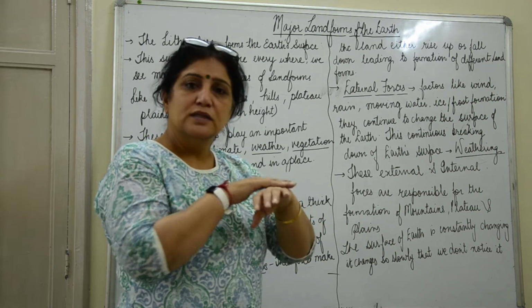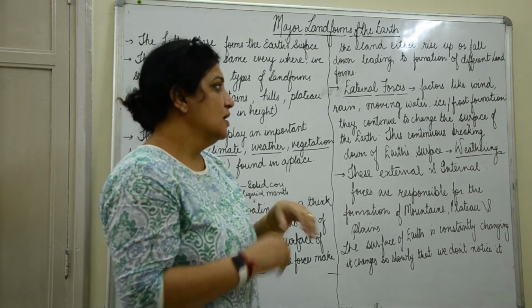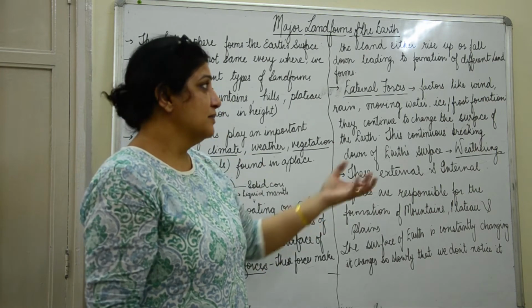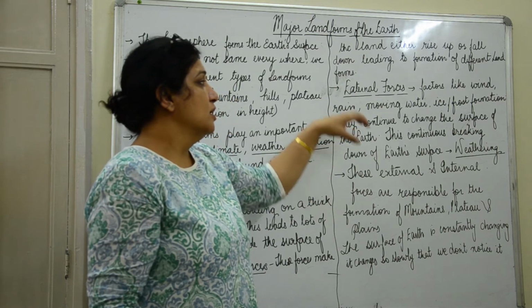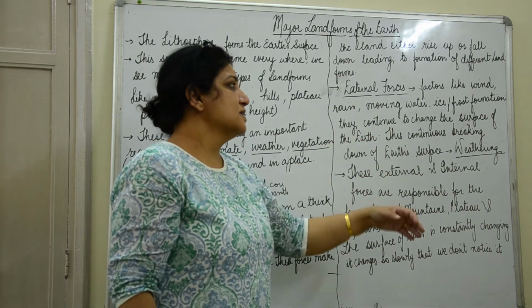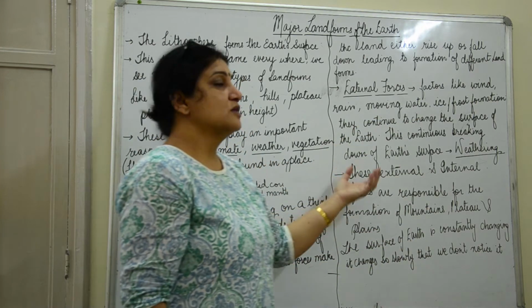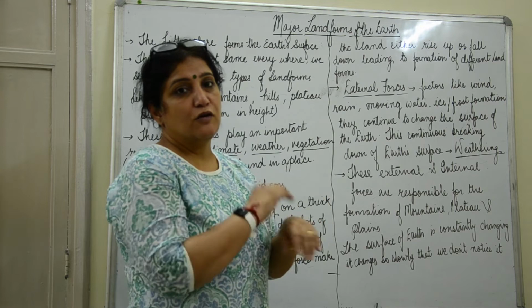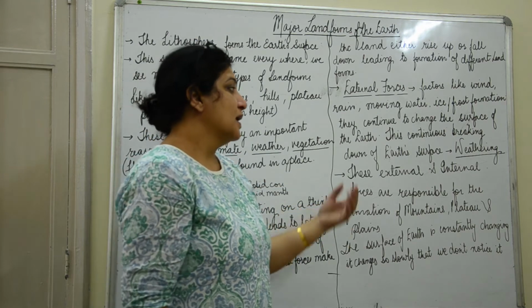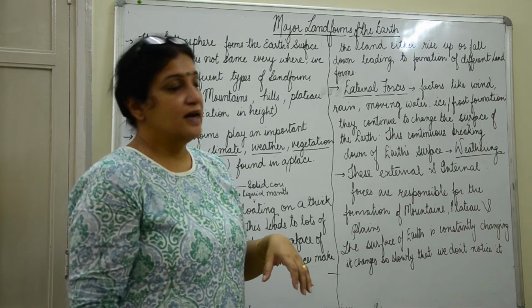This is happening on the surface of the earth all the time. You will have wind going, you will have temperature, the sun's heat affecting this. So all these things continuously break down the earth's surface, and this is called weathering. So continuous weathering of the earth's surface is happening, and these are the external forces which change the landforms.